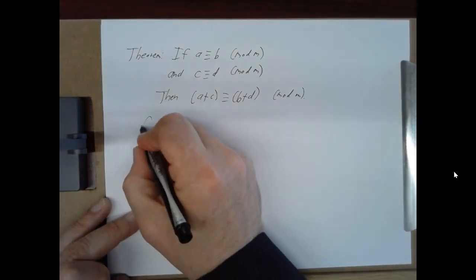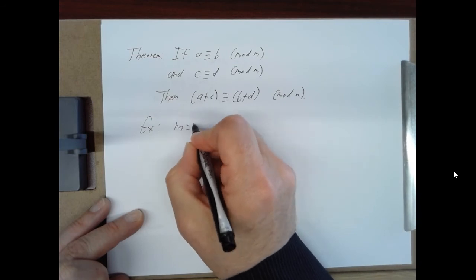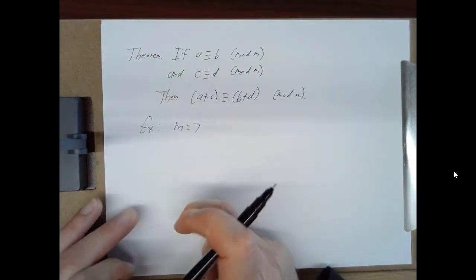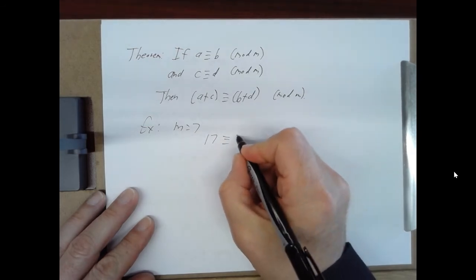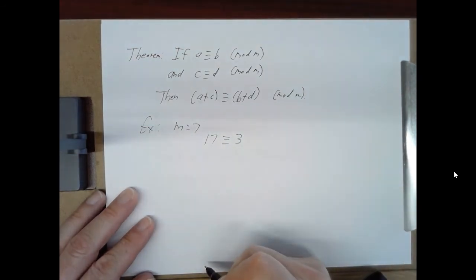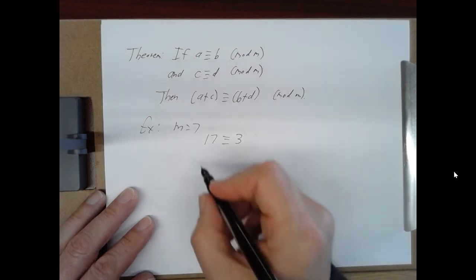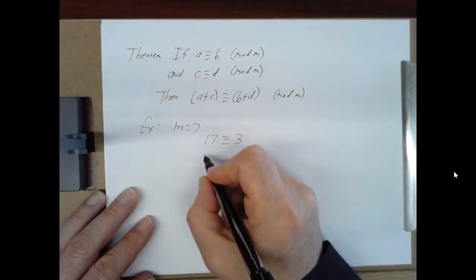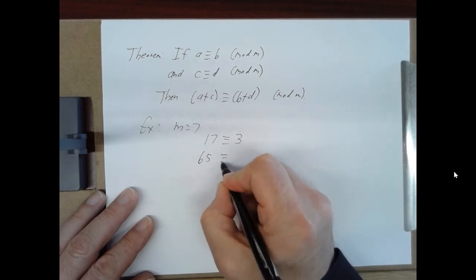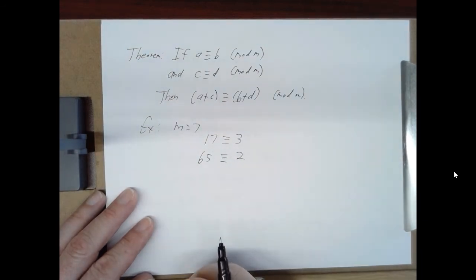So for example, let's set M equal to 7. And 17 is congruent to 3. And, I don't know, 65 is congruent to 2, because it's 2 more than 63.